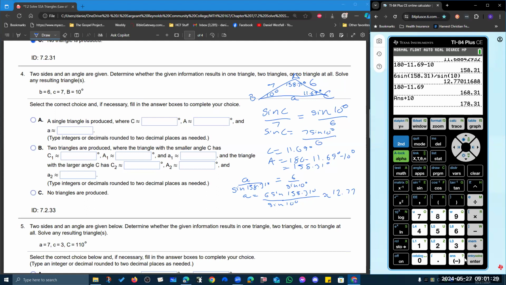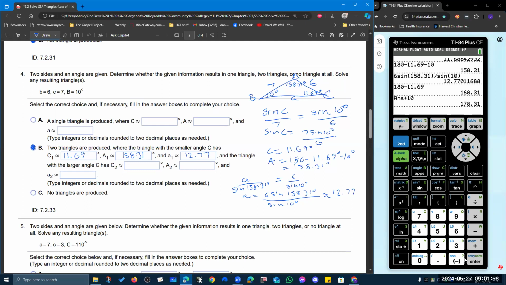So let me find the one with the smaller angle C. That's our first one. So C is 11.69 degrees, and angle A is 158.31 degrees, and side A is 12.77.